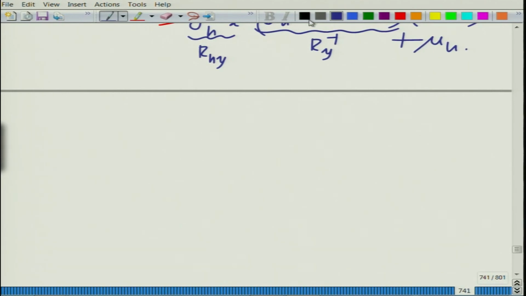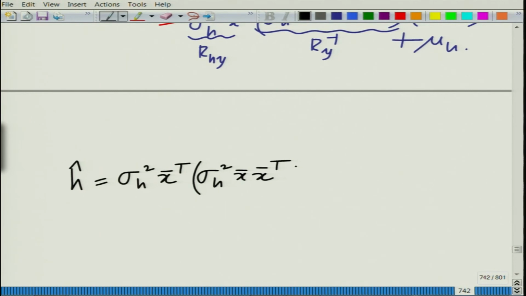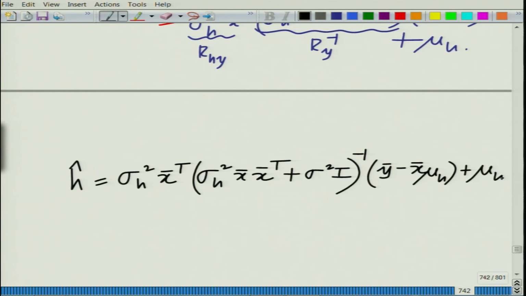So, just to write it out once again clearly, you have the MMSE estimate: R_hy, which is sigma_h square x bar transpose, times the inverse of (sigma_h square x bar x bar transpose plus sigma square identity), into (y bar minus x bar mu_h), plus mu_h.